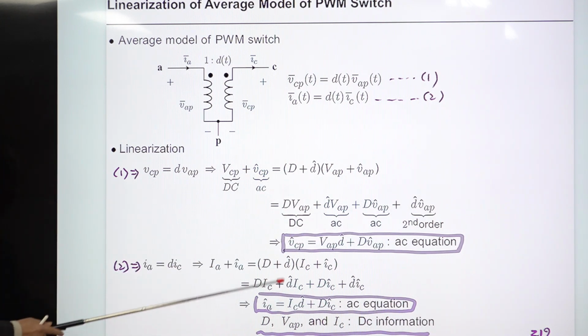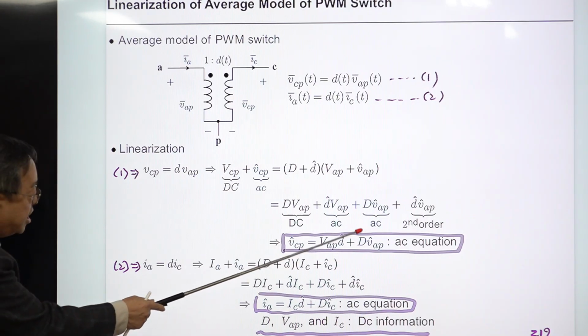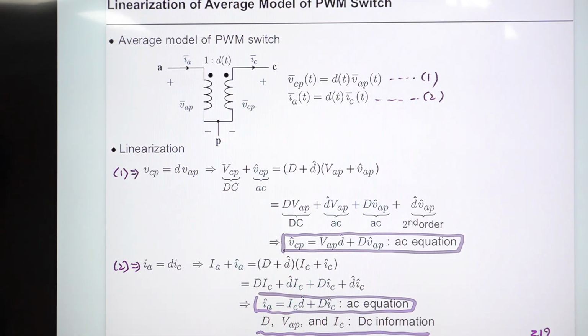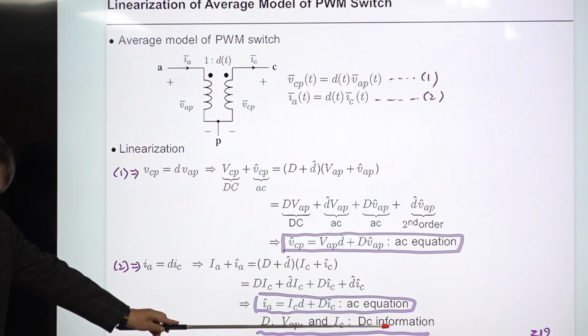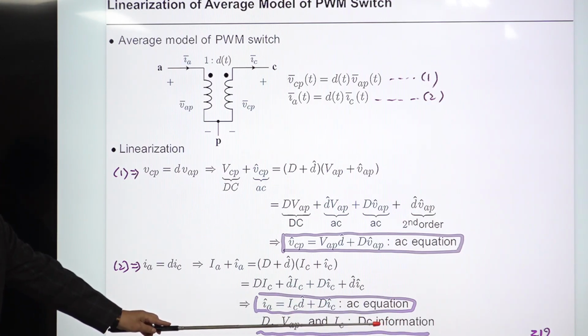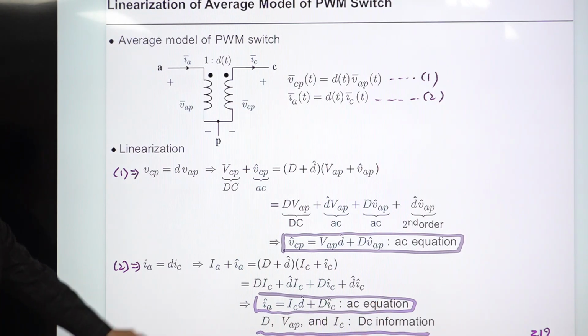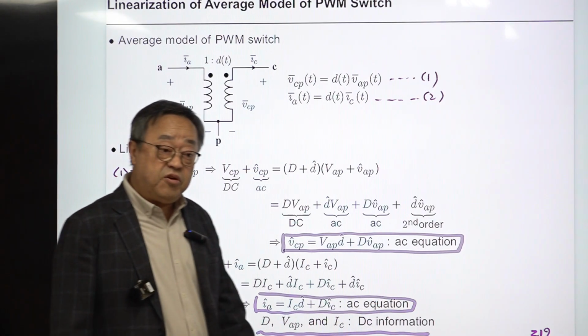Also, VAP, D and IC are all DC information. Every small signal model of a nonlinear relationship should carry the DC component together, otherwise you are linearizing something already linear.